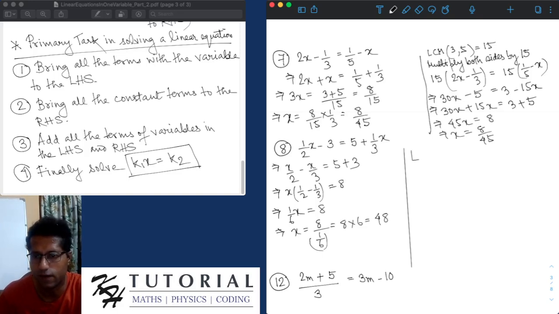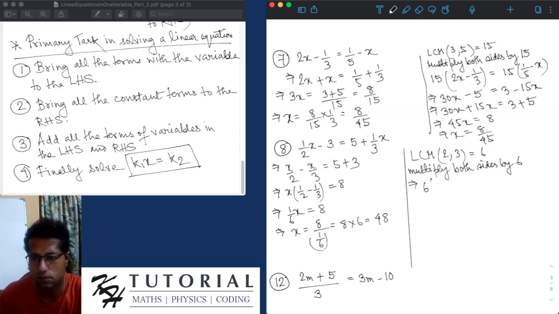So we will find the LCM of 2 and 3, it is 6. So we will multiply both sides by 6.